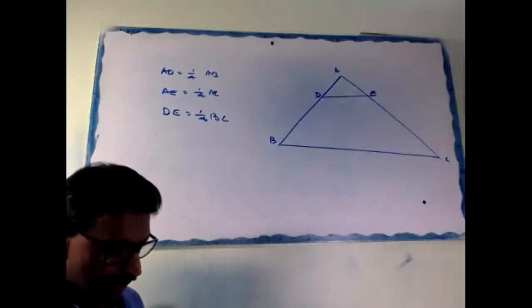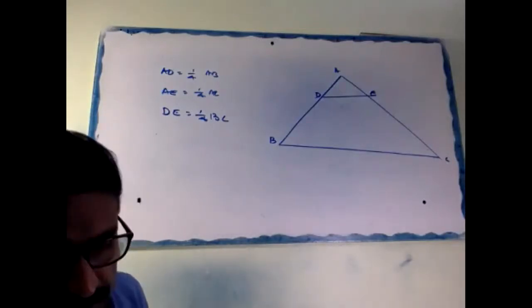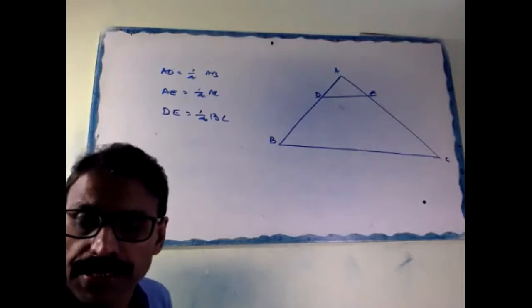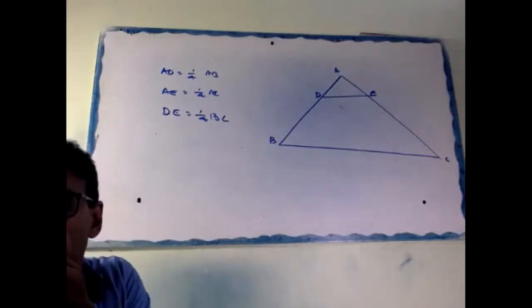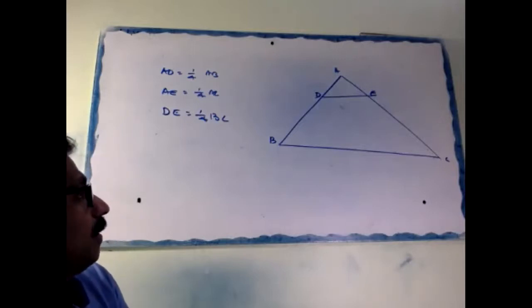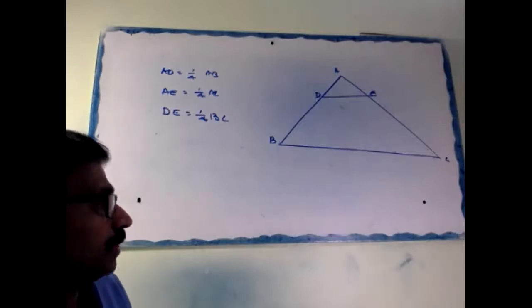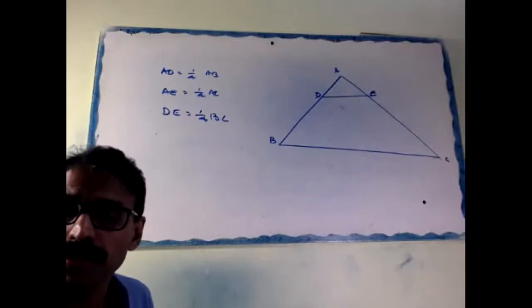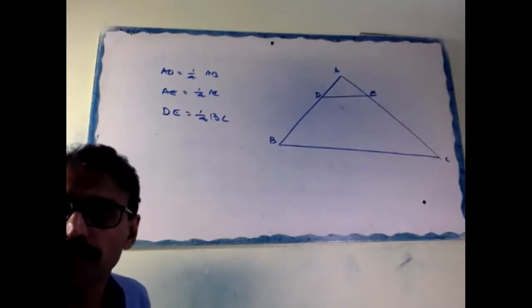Question again. ABC is a triangle. Listen, ABC is a triangle. Then AD equal to 1 by 4 AB.